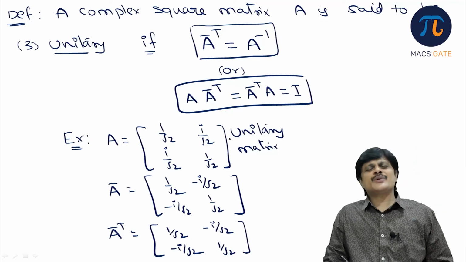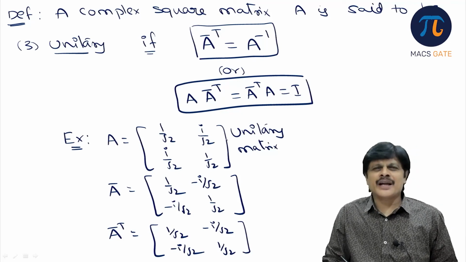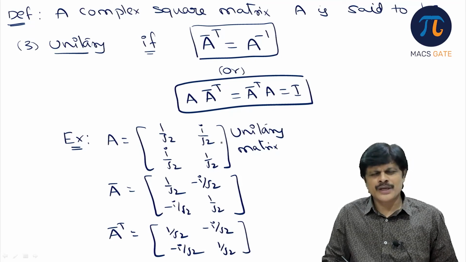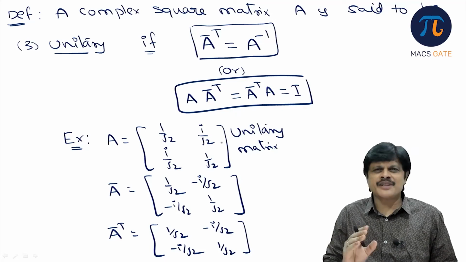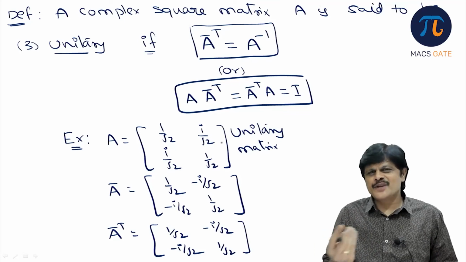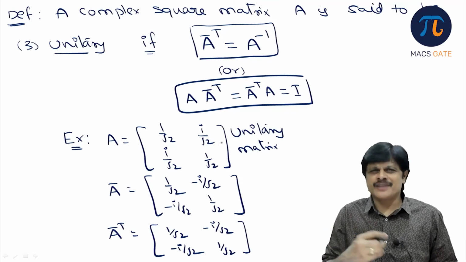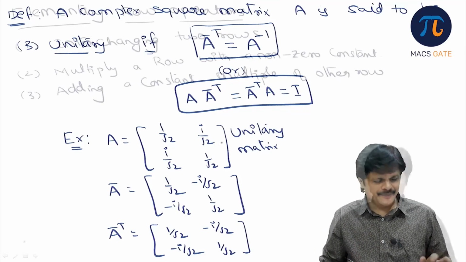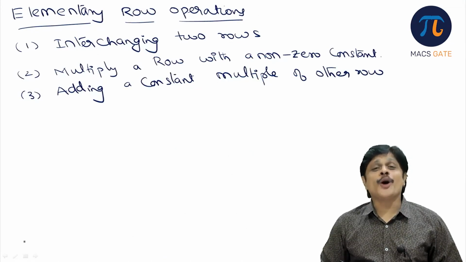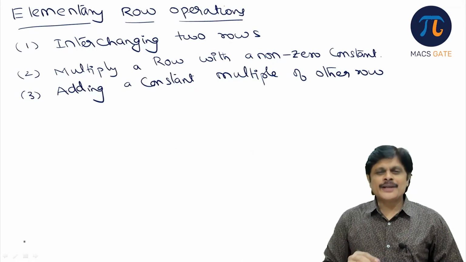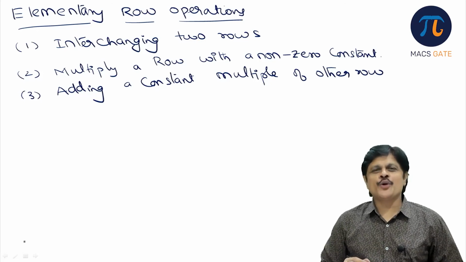See, other square matrices like upper triangular, lower triangular, diagonal matrices, we try to see together with determinant properties. We don't have to spend separate time for them. We can understand those definitions with the concepts of determinant, properties of determinant. Okay, now let us quickly understand the elementary row operations. The following three are called elementary row operations.